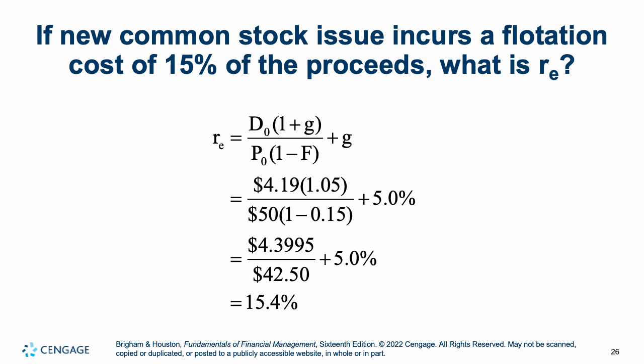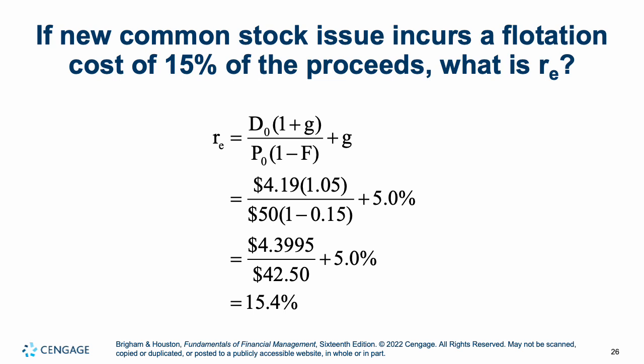So if a new common stock issue incurs a flotation cost of 15% of the proceeds, what would our return on our equity be? You do the same thing, dividend 0 times 1 plus the growth rate, and then divide by price 0.